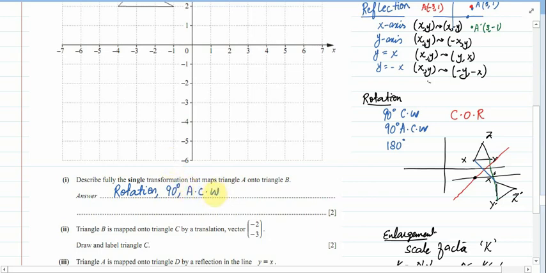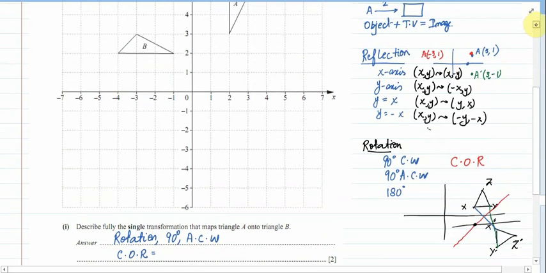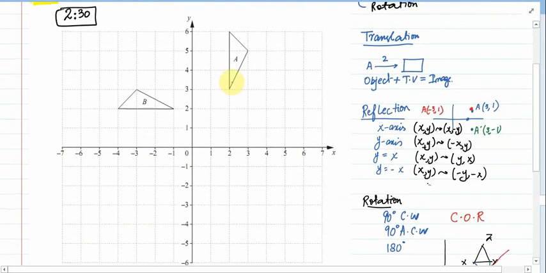Now the last important thing that I need to highlight here is the center of rotation. Let's suppose, roughly, that the points are X, Y and Z, and after rotation they are X dash, Y dash and Z dash.